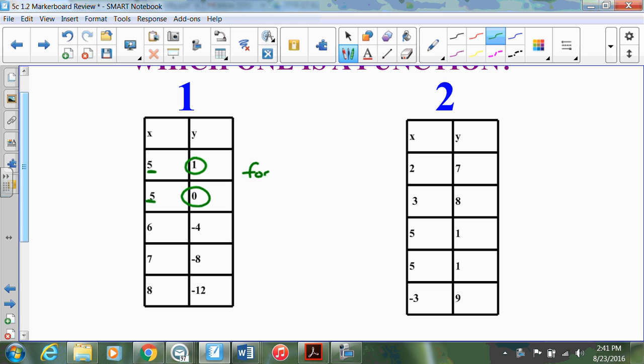For every x, there is only one y. Usually I say for every x there is one and only one y, you get what I mean. So when x is 5, there should only be one corresponding y, not two.